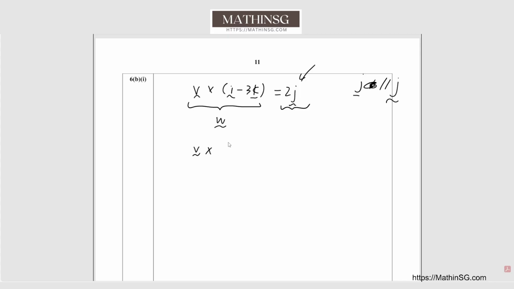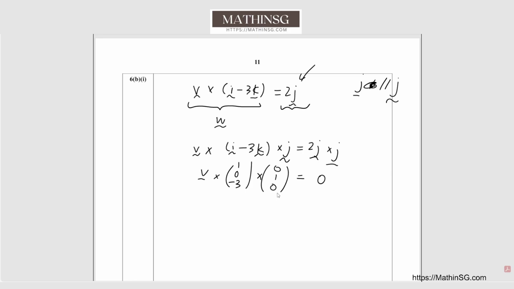So this is what I'm going to do. I'm going to cross with j here. Remember j cross j is 0, so this part is now 0. I'm going to write this as 1, 0, minus 3, and this as 0, 1, 0.